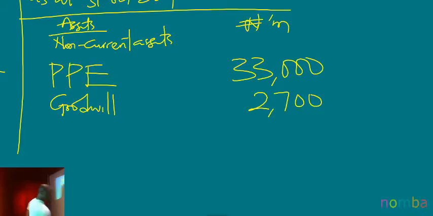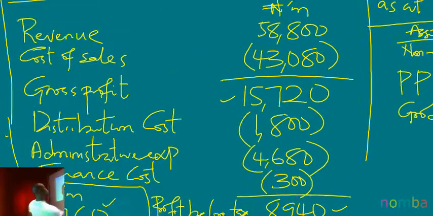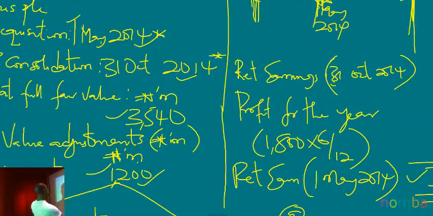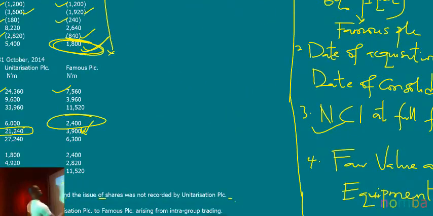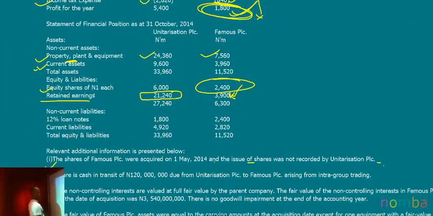Correction, the next item there is now current assets. That of Unitarization was 9,600. You add that of Famous of 3,960. The addition gives me 13,560.